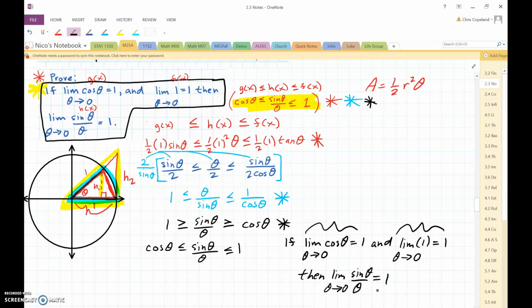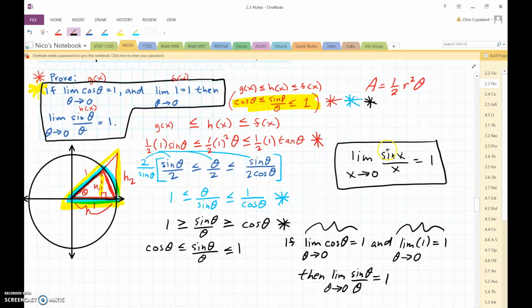So we did this whole proof to basically be able to use from now on, whenever you take the limit of sine x over x as x goes to 0, we can conclude that this is 1. This is not a proof that you'll have to continue to reproduce. You'll just need to memorize this.